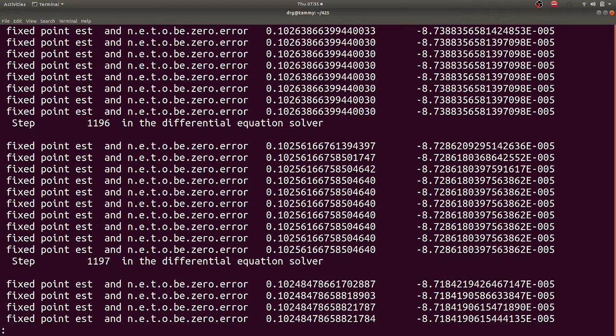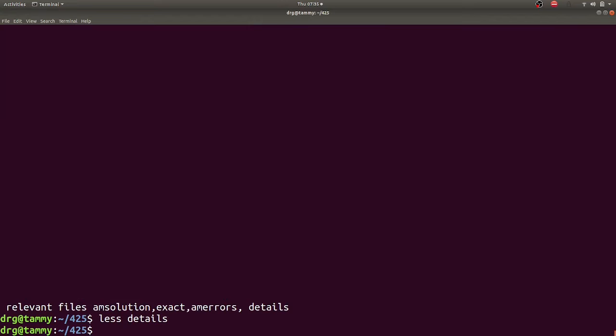So this fixed point idea, it certainly seems to work. A more sophisticated idea might be to use, to get started, some highly accurate explicit method, a method that uses only wi and previous w's in order to get an estimate for wi plus 1, and then use that estimate as the input into one of these fixed point implicit methods.